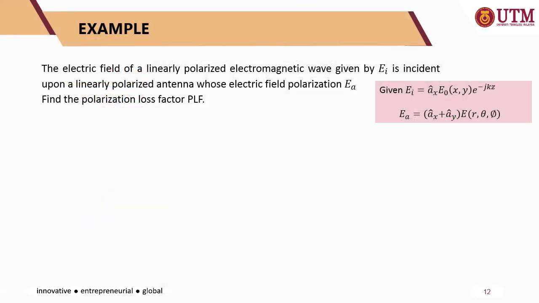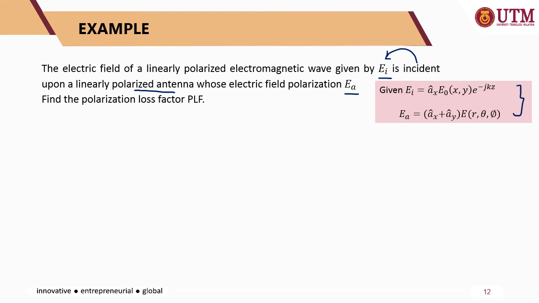Okay, let's look at one example. The electric field of a linearly polarized electromagnetic wave, given by EI, is incident upon a linearly polarized antenna whose electric field polarization is given by EA. Given EI and EA as the following equations, find the polarization loss factor PLF.